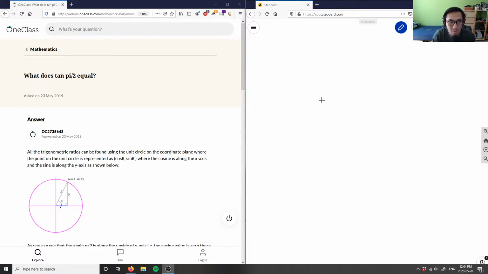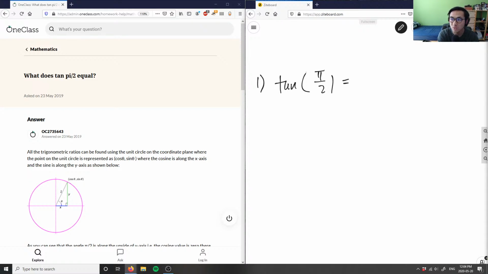So my first question is asking us, what does tan pi over 2 equal? There are a lot of ways to approach this problem. I want to find the exact value of tan pi over 2. There are two ways to approach this.